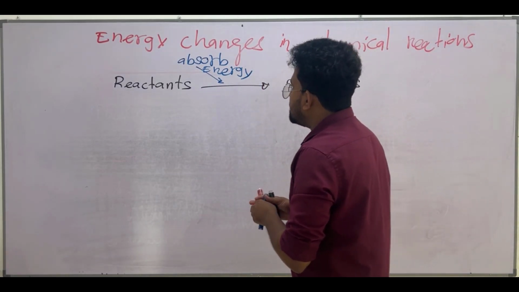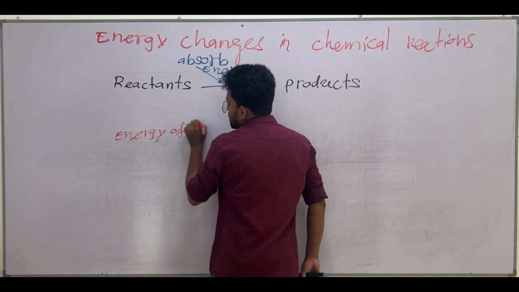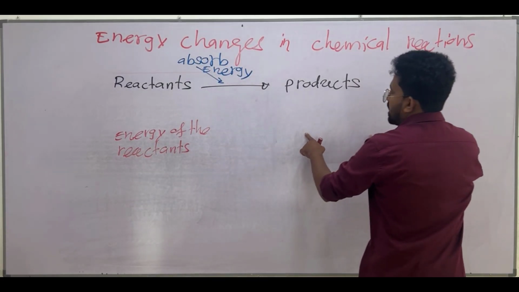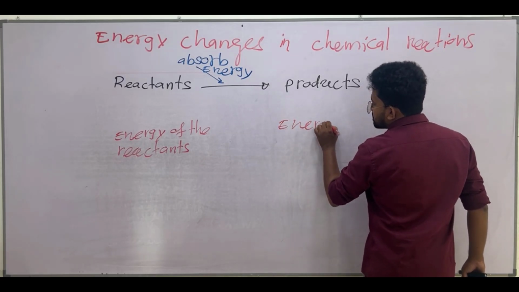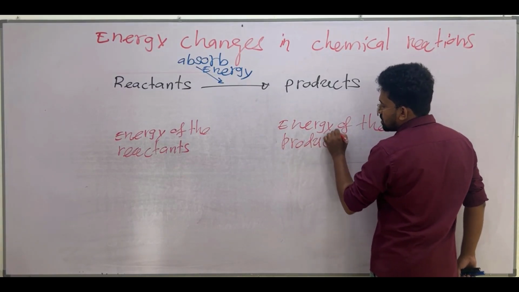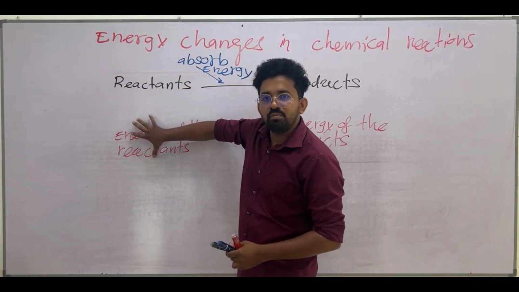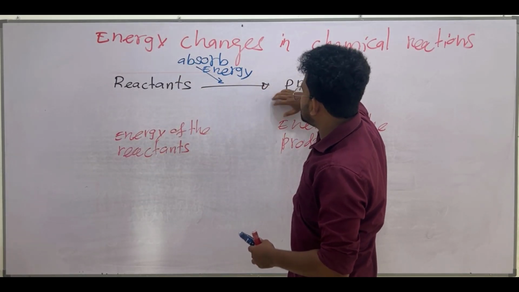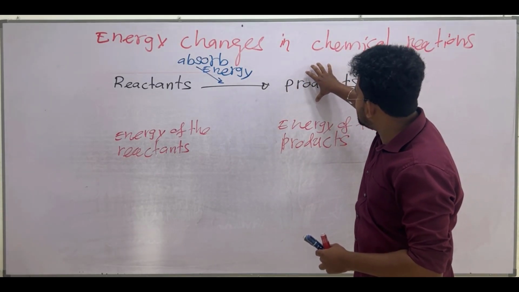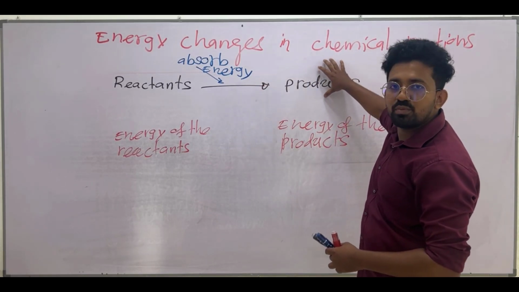So if we consider the energy of the reactants and the energy of the products, when the reactant has some energy and the reaction occurs, if it absorbs some energy, that will get inside the product.